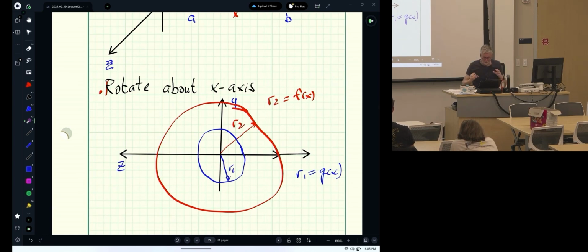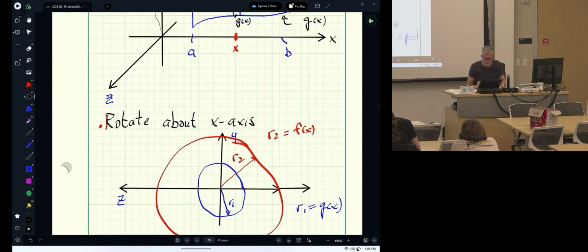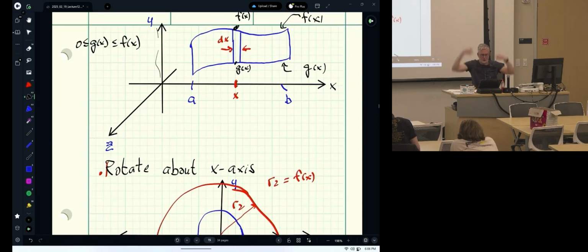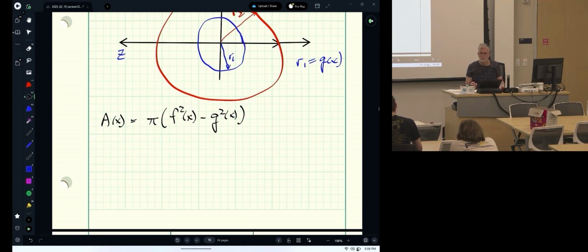What is the area of the washer if r1 is non-zero? So at x, when I've traced this out about the x-axis, the area is pi times f squared of x minus g squared of x. You agree? Because it's r2 squared minus r1 squared.